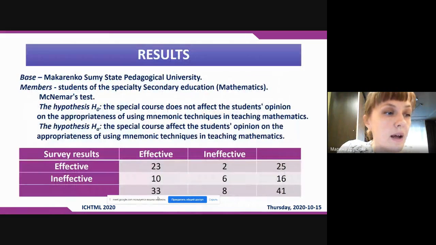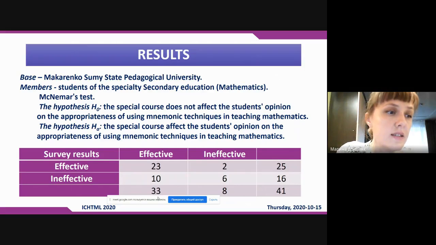During September and November 2019 at Makarenko Sumy State Pedagogical University, we conducted trainings on the development of mnemonic methods for presenting educational mathematics material with various groups of students specializing in secondary education mathematics.